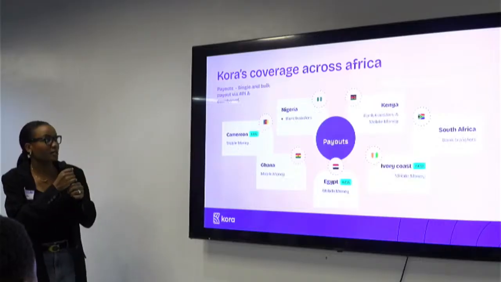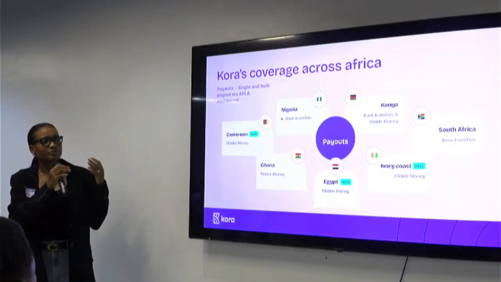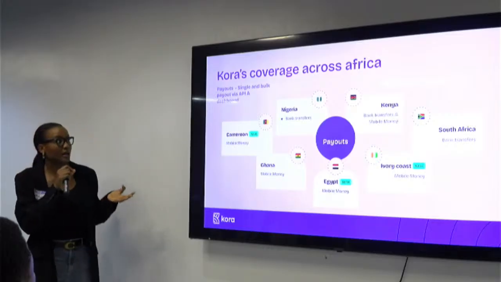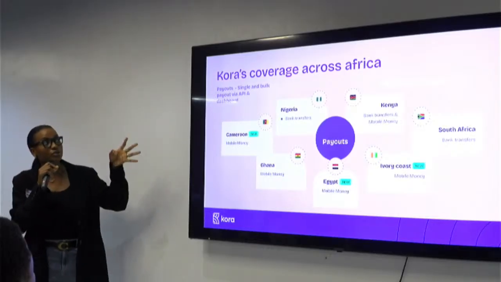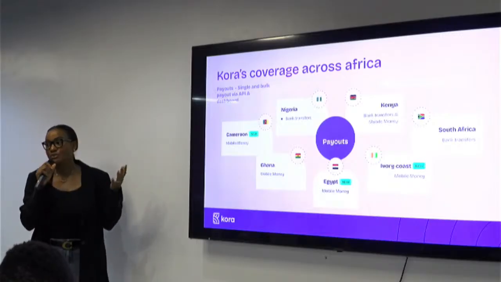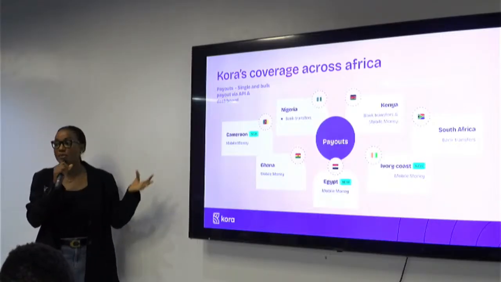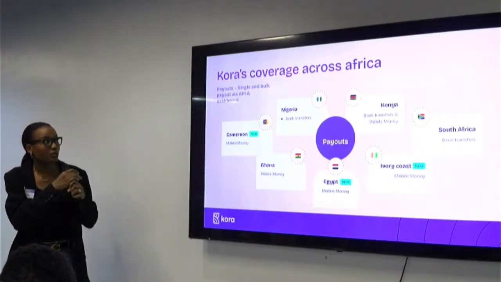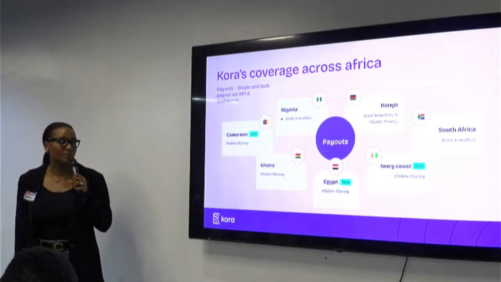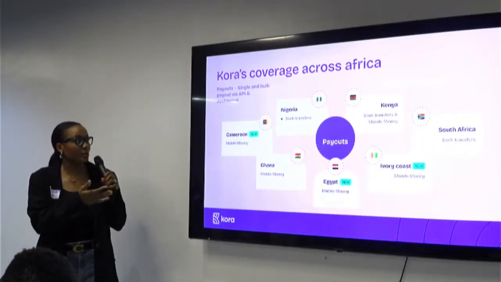Please, the next slide. We don't only enable businesses to accept payments, we also enable them to pay out. We have this both on our single payout and on our bulk payout, which are both available on both API and on the dashboard. In Nigeria, we have bank transfers, which, as we know, is the predominant payment method here. In Cameroon, mobile money.